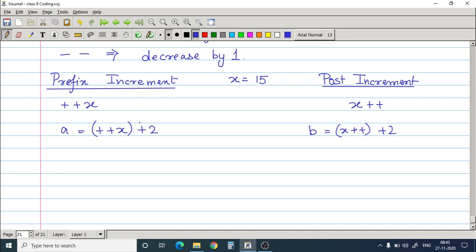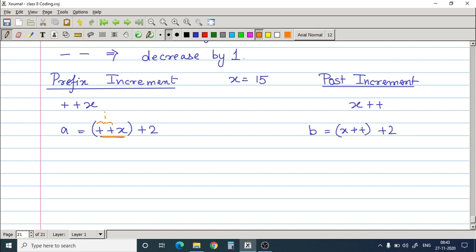Now, when the increment is prefix, that means you first increase the value and then you use the value, or substitute the value over here. I am repeating: when it is prefix increment, it means you first increase the value of x and then substitute the value of x.